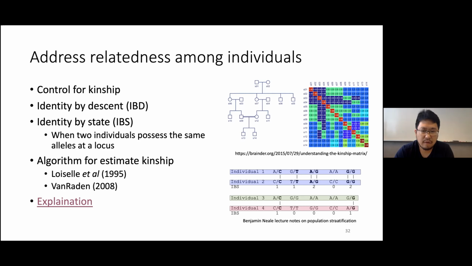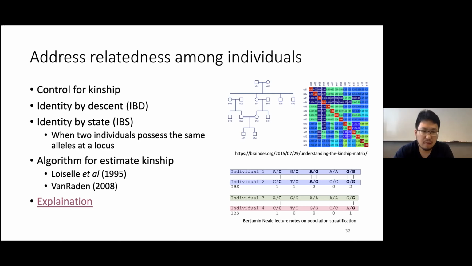So instead of using the pedigree information, we use something called identity by state. The way to do this is to compare two or more individuals across all the loci that have been genotyped. If they share more alleles across all these loci, then we can estimate that the closer the relationship of these individuals.